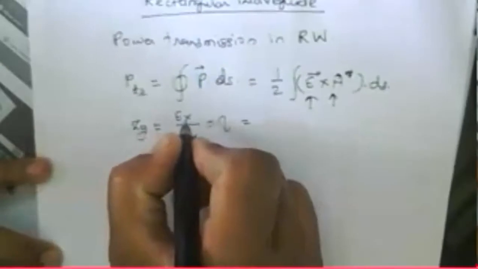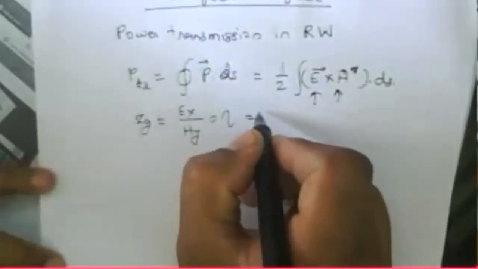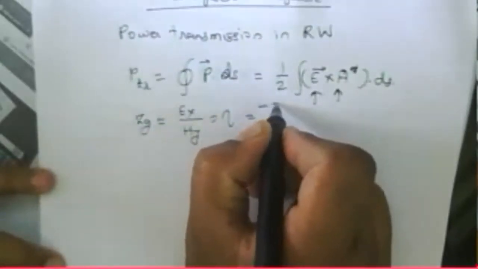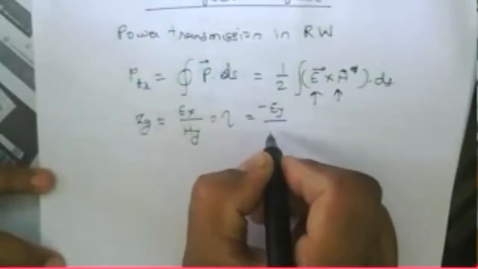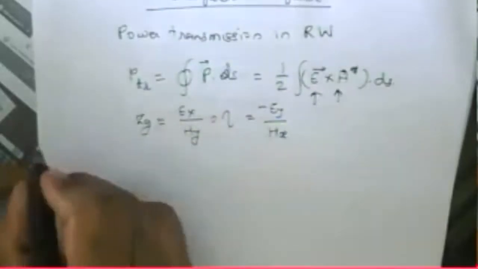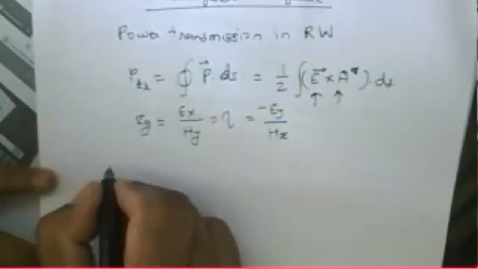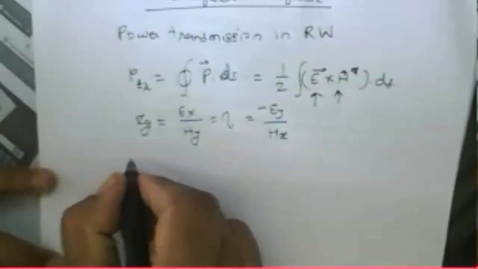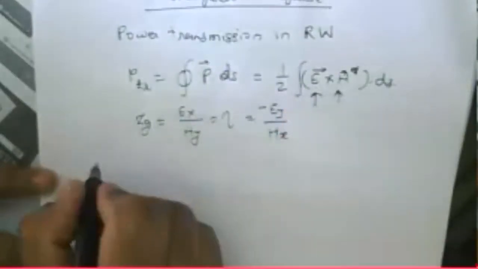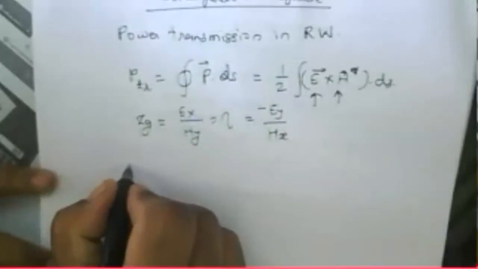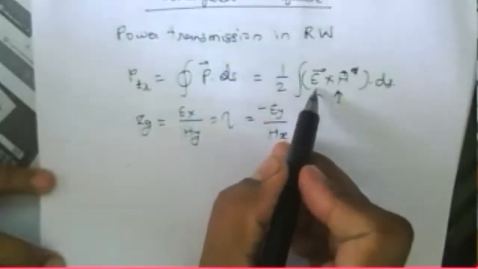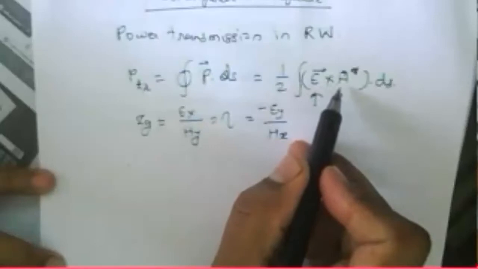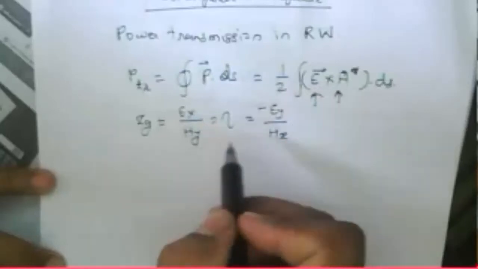We can express this in terms of the electric and magnetic field components, or in terms of the other components, Ey and Hx. And this is about your guide. So if we consider the electric field and magnetic field components, suppose Ex and Hy, then what happens?